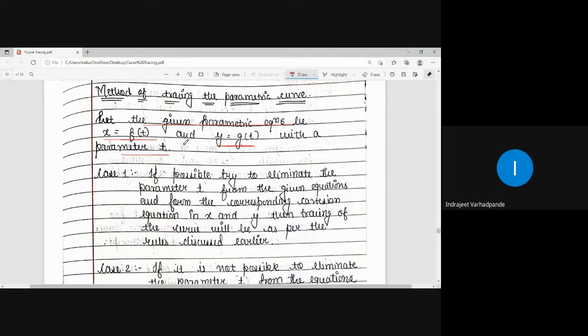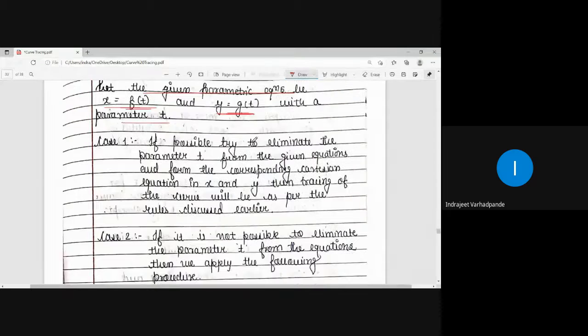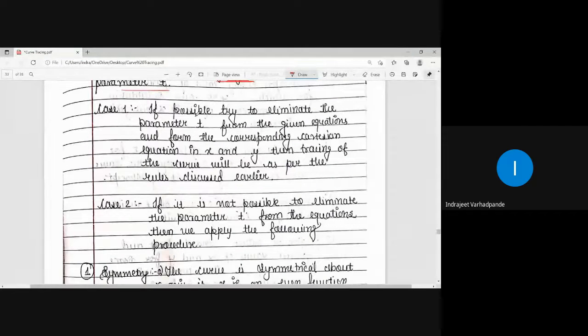So the given equations will be x = f(t), y = g(t) with the parameter t. Now case 1: if possible, try to eliminate the parameter t from the given equations and form the corresponding Cartesian equation in x and y. Then tracing of the curve will be as per the rules discussed earlier.